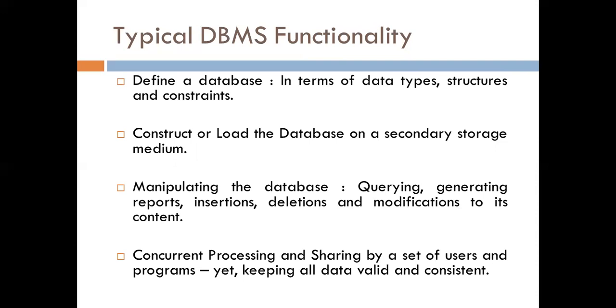Whenever we are storing them, we need to decide the data type of each piece of information we are collecting about a student. For example, a student name is of a string type. Does it contain digits or special characters?